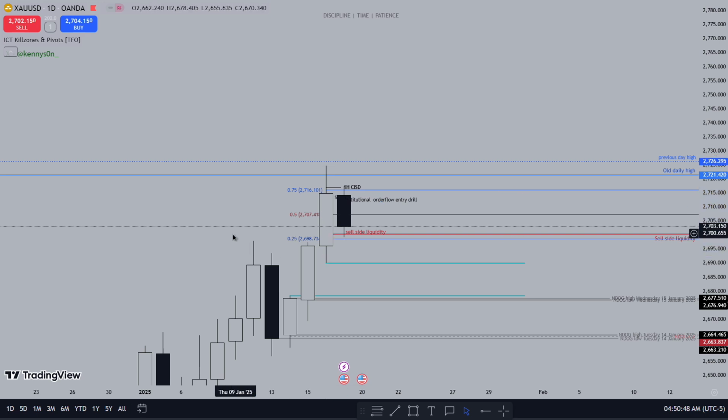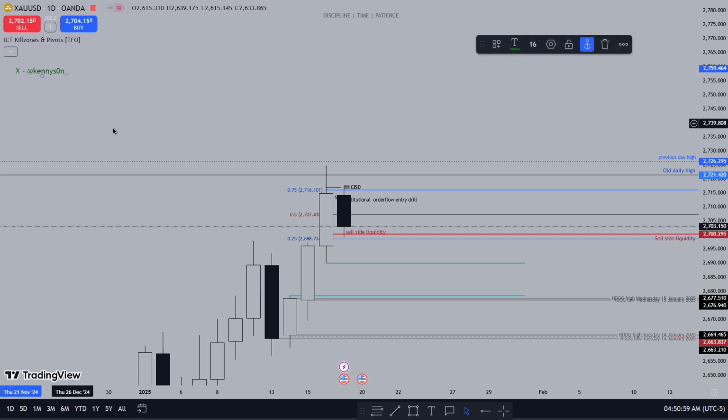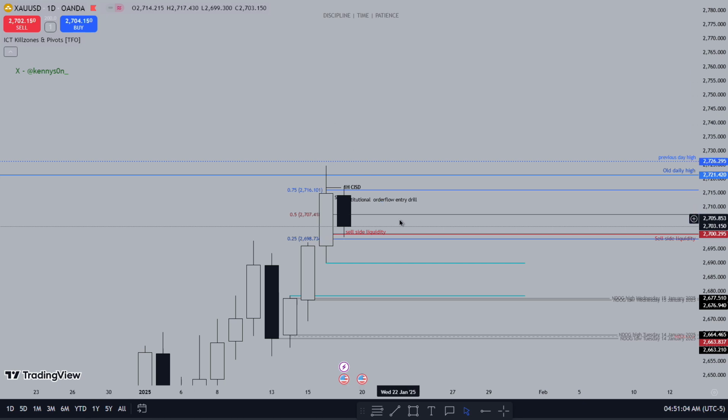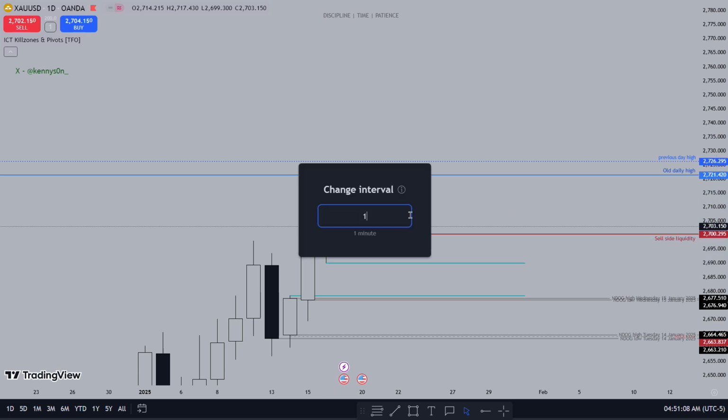That's how you should approach the market. These things work on gold and they can also work on other things. These are just fundamental rules of the algorithm that's there.